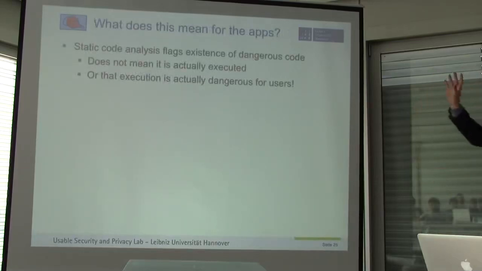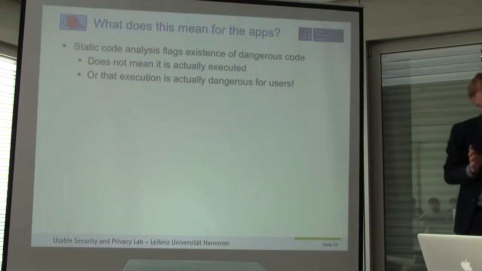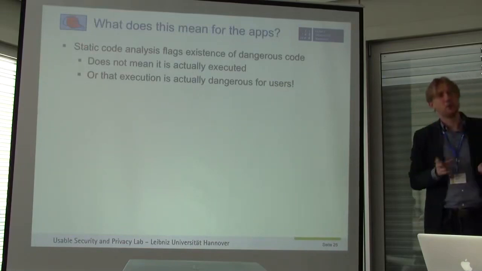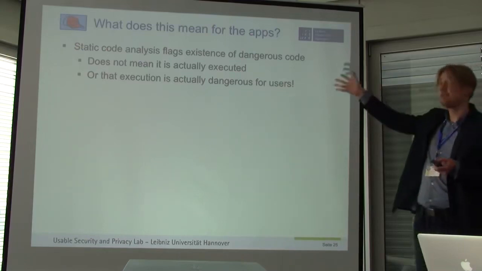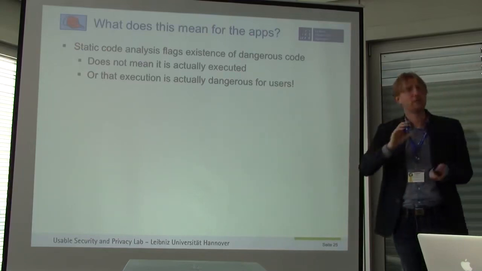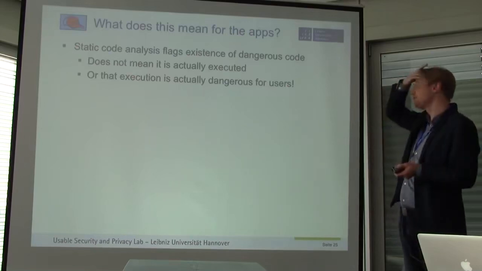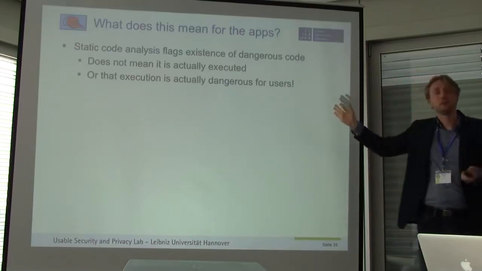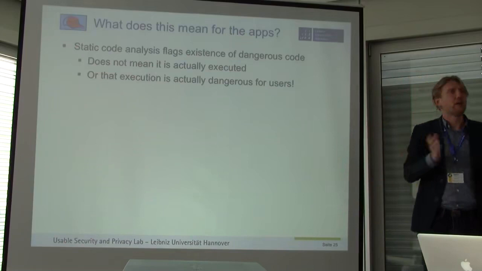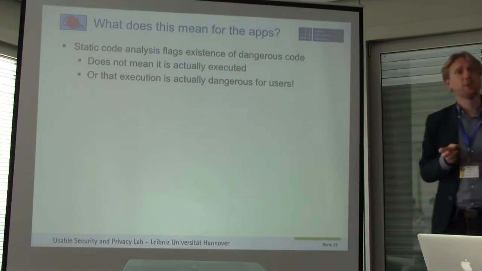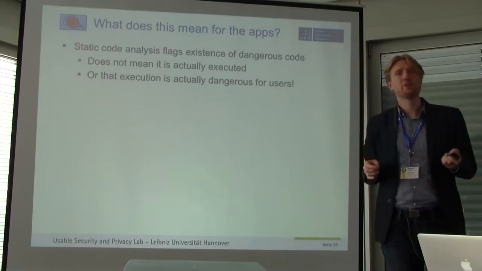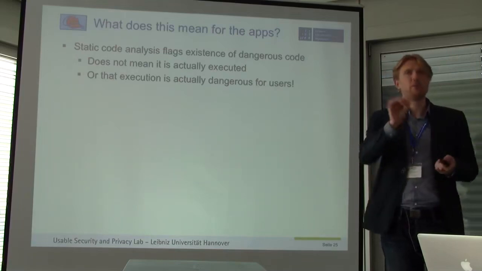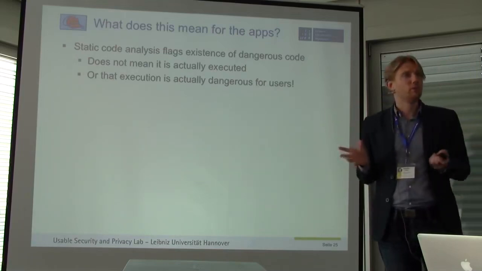But all in all, what MalloDroid will give you is a static code analysis. So it doesn't tell you necessarily that something is definitely broken, because it just says there is code which is broken. That doesn't mean that the code has to be executed. It might be in a dead part of the execution tree, or it might not necessarily mean that code is actually dangerous for users. So for instance, there could be some code saying accept all certificates if debug equals true and developer equals true.